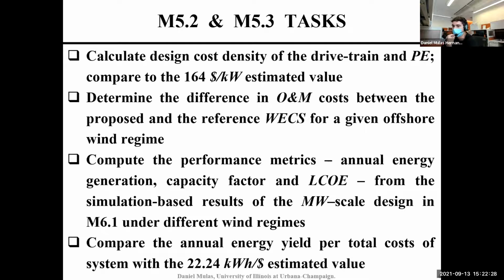And the third task will be to compute the performance metrics, which in this case will be expected annual energy generation, capacity factor, and LCOE, also for the reference and the proposed design under different simulated wind regimes. And finally, we will also compare the annual energy yield per total cost of the system with the value that appears in the proposal, which is 22.24 kilowatt hours per dollar.